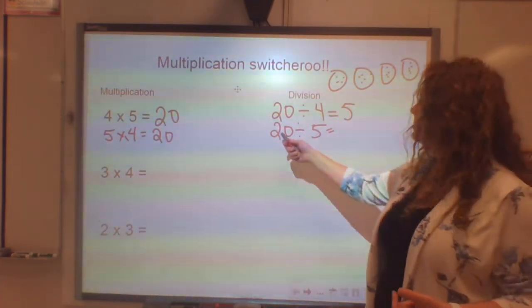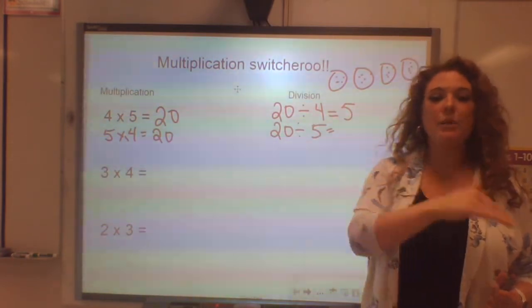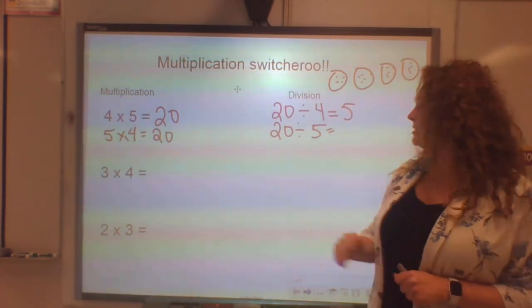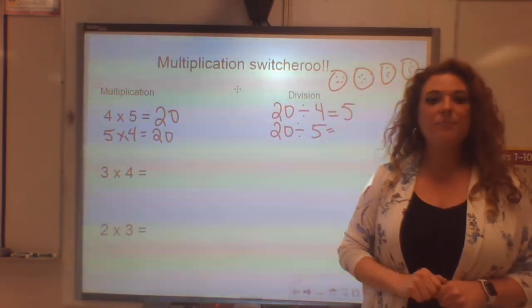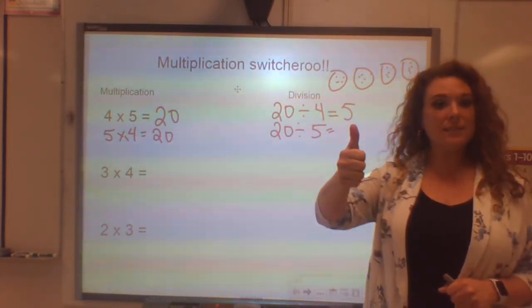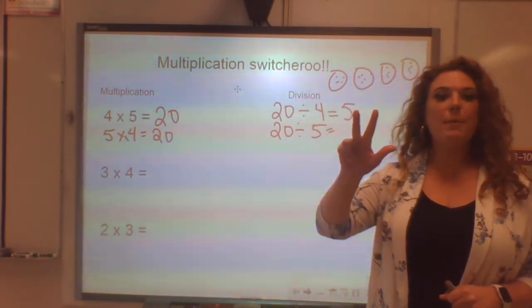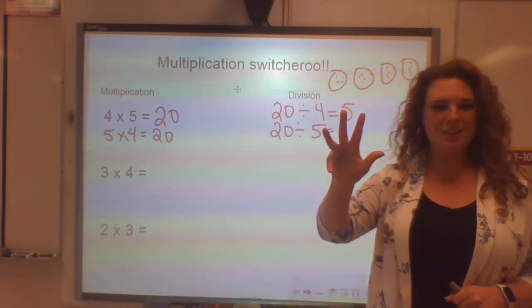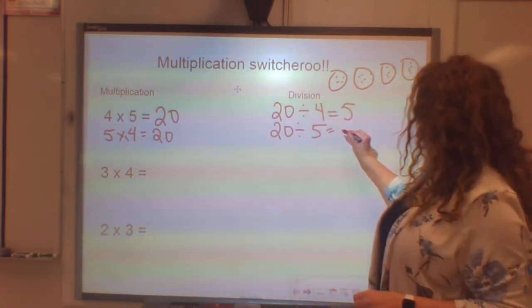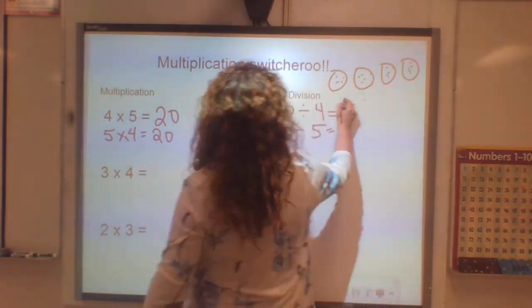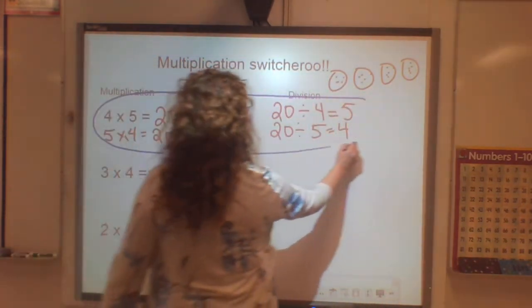I'm going to start with 20 and subtract 5 each time and we'll see how many times I subtract. 20 minus 5 is 15, minus 5 is 10, minus 5 is 5, minus 5 is 0. Look, I made it to 0 and I stopped. I have 4 groups.